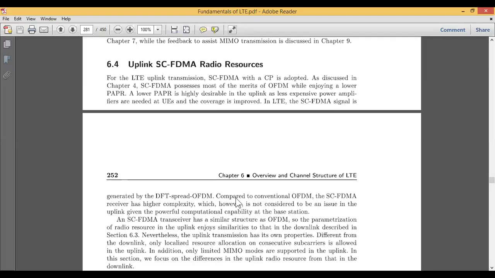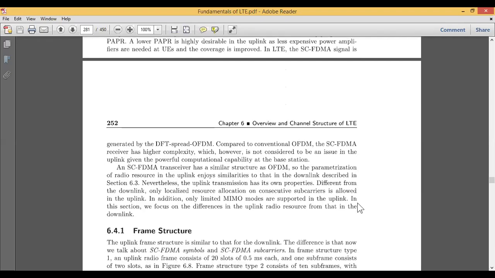Therefore, so as not to create more issues related to the uplink channel, some powerful computational abilities have been designed, or you can say decided. Basically, this FDMA can be seen as a transceiver, taking the transmitter as well as the receiver together.